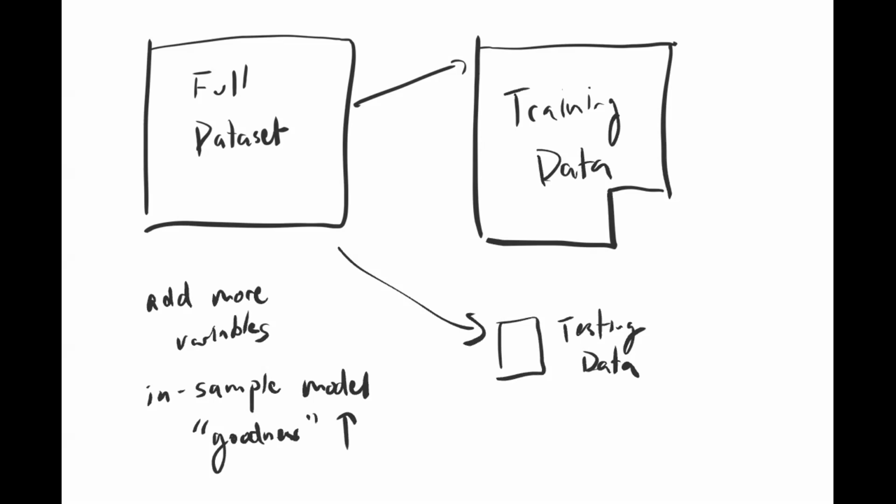So as you add more variables, the out of sample model goodness may also be increasing to some extent, but at a certain point, you're going to start overfitting, and then the goodness in the out of sample will decrease. Again, this is just introducing ourselves to the topic. We're going to be talking about this in quite a few future lectures and showing, I think, more visual examples. So don't worry too much if this is a little more confusing at this point.